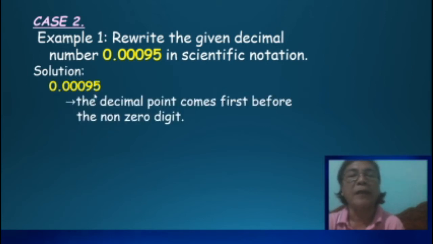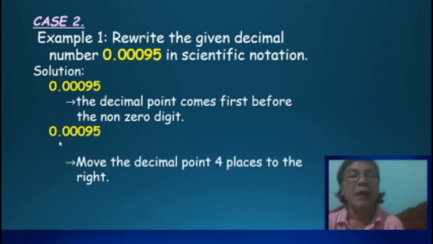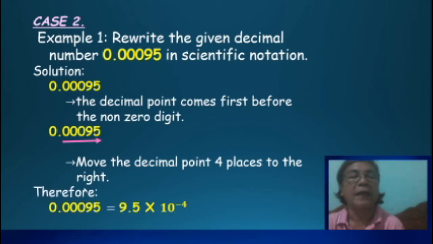The decimal point comes first, then zero, so we now move to the right. How many times? 4 places. 1, 2, 3, 4. So the final answer will be 9.5 times 10 raised to the negative 4.